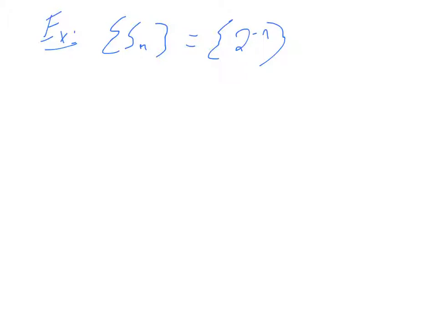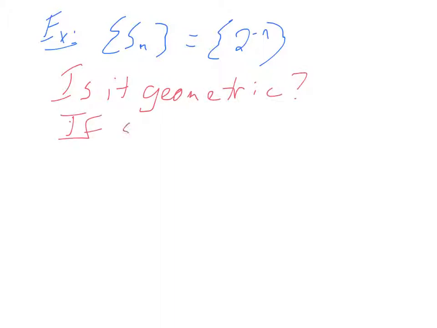Is it geometric? First of all, same question, is it geometric? If so, find the common ratio. This is going to involve, especially the first part, a little bit of algebra, a little bit of algebraic rules. So go ahead and give that a shot.